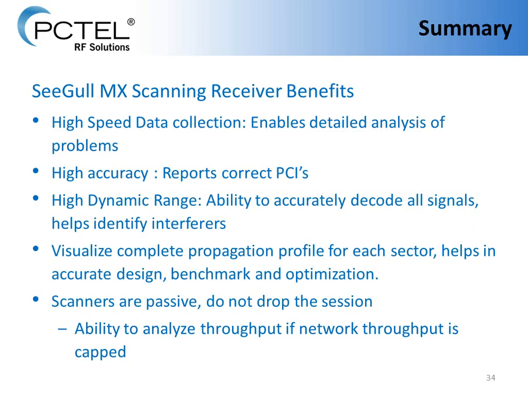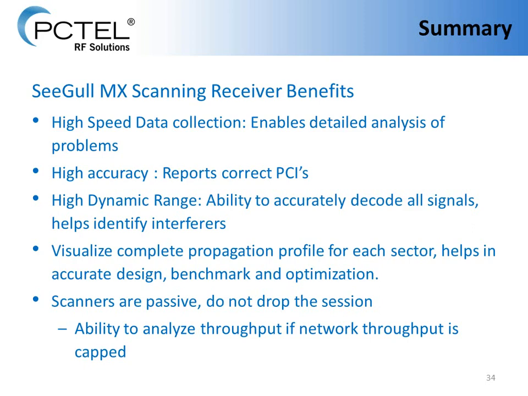The ability to have very high dynamic range to accurately decode all the signals and help identify interferers. The ability to visualize a complete propagation profile for each sector. This helps in accurate design, benchmarking, and optimization.